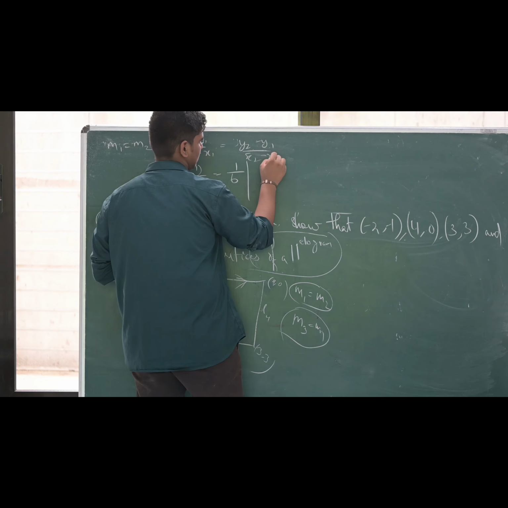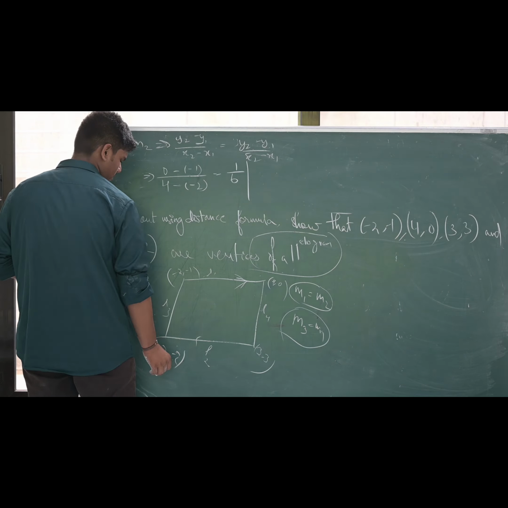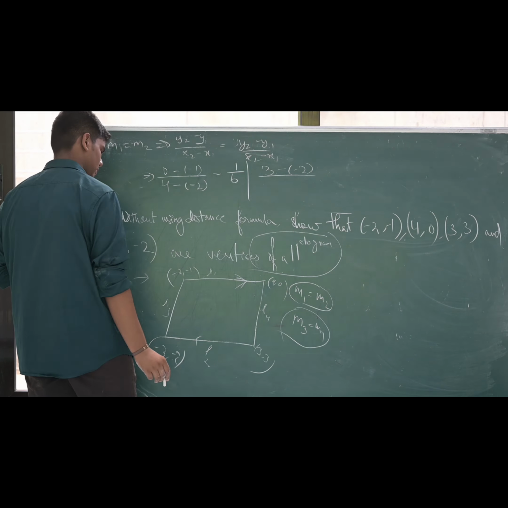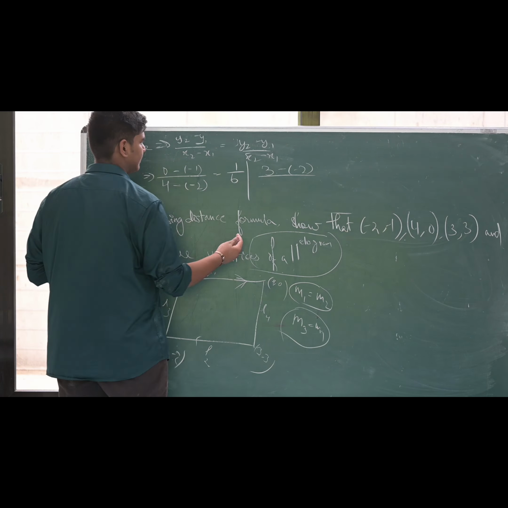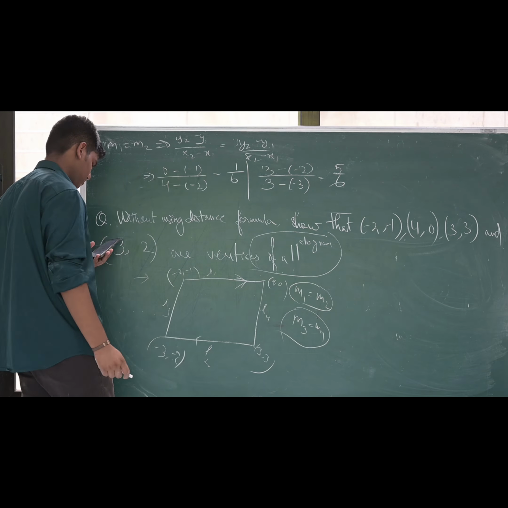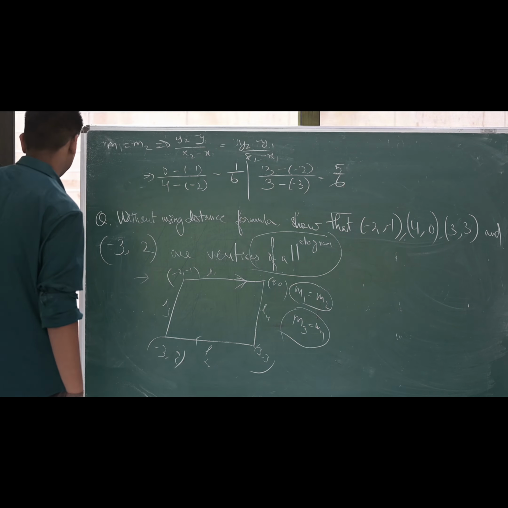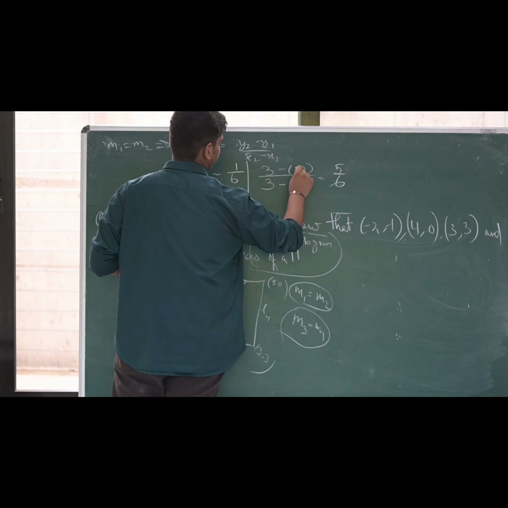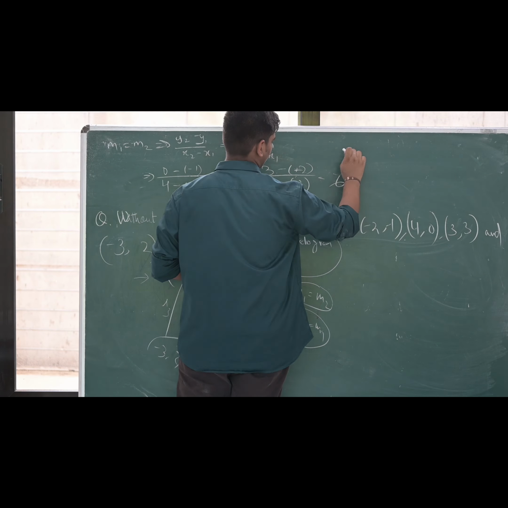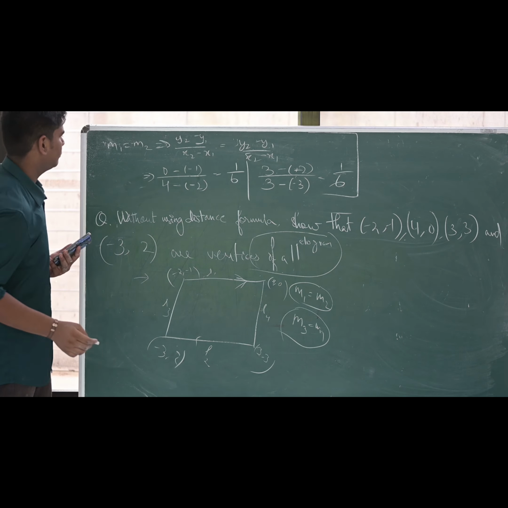Taking this case, y2 minus y1, 3 minus 2, and 3 minus minus 3. The point is not minus 3 comma minus 2, but it's minus 3 comma 2. So what will you get? 3 minus 2, 1. Now we have proved that m1 is equal to m2.